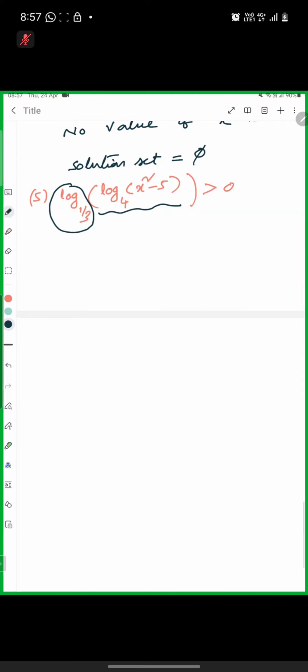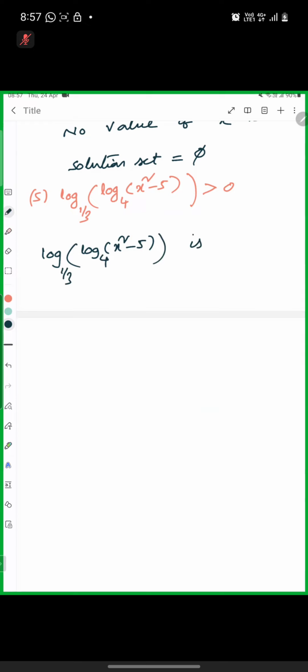That means log of x square minus 5 to the base 4 is greater than 0. Then only this log is defined.